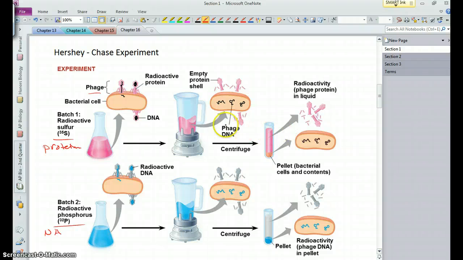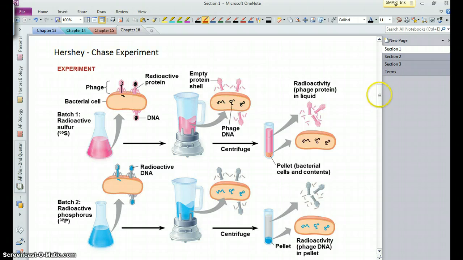And what happens? Well, when the sulfur had been labeled, the radiation is up in the liquid with the virus particles. When the phosphorus in the phages is labeled, where does the radiation end up? It ends up inside the bacterium. So it appears that the viruses are using their nucleic acid, DNA in this case, to take over their hosts.